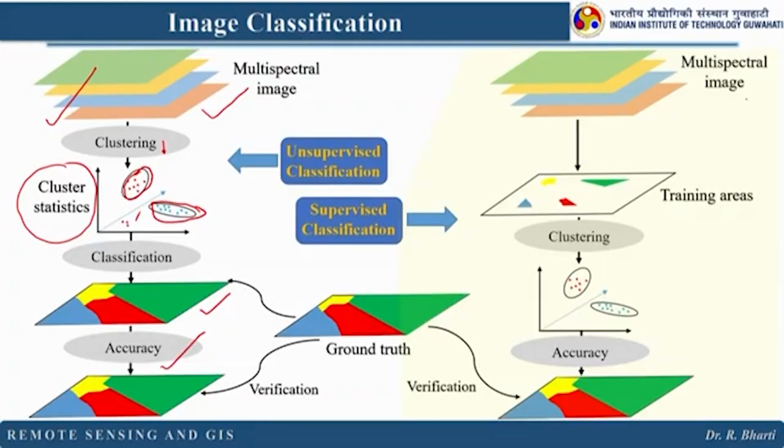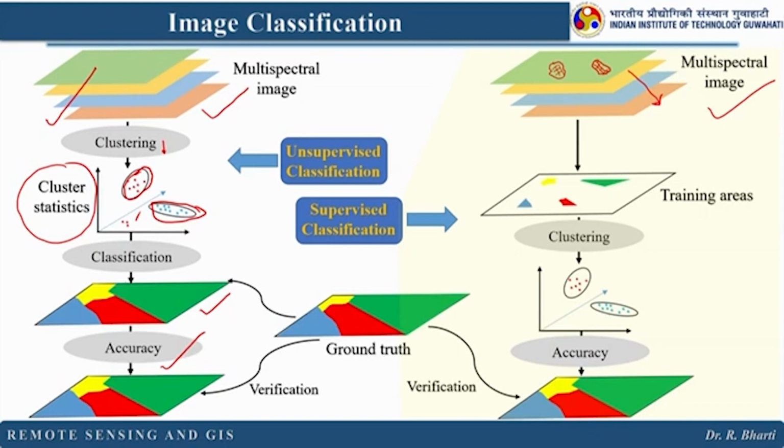In the other case, here you have a multispectral image, again you have different bands here. Now based on your field experience or information collected from the field, you will say from this image DN value, the pixels belonging to this particular area are basically forest, and pixels belonging to this particular area are basically water.